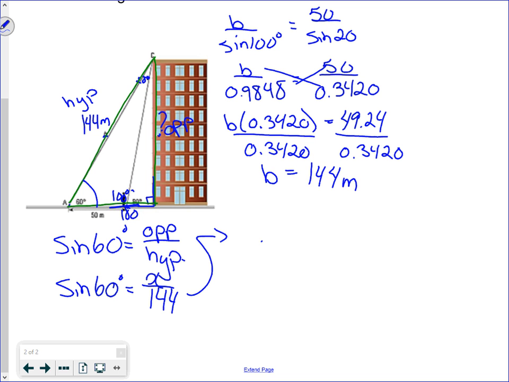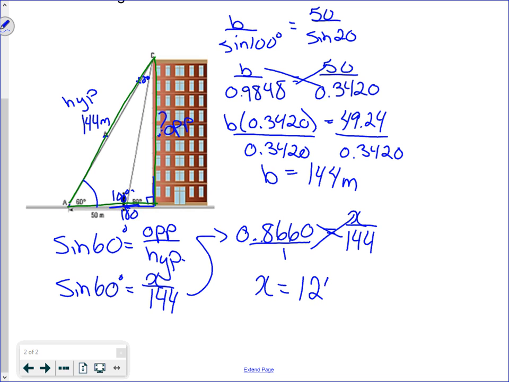So I'm going to calculate sine of 60, which is 0.8660, and this will equal x over 144. And now I'm going to cross multiply. So x times 1 is just x. And then I'll multiply the other two together. And when I do that, we'll get 124.7 meters. So the height of the building is 124.7 meters tall.